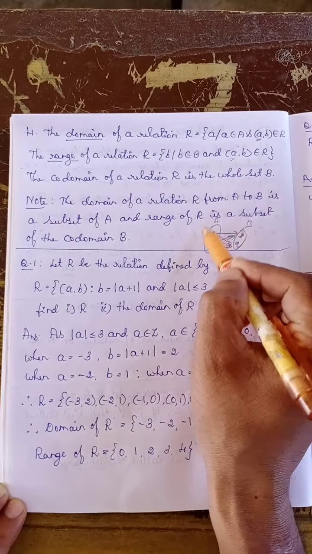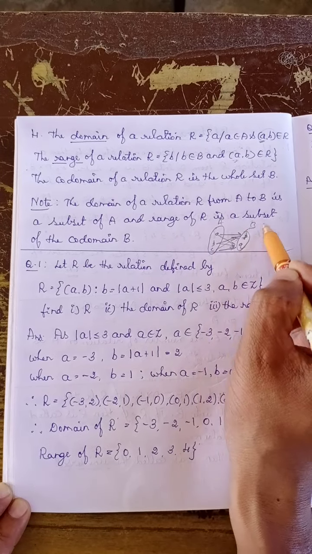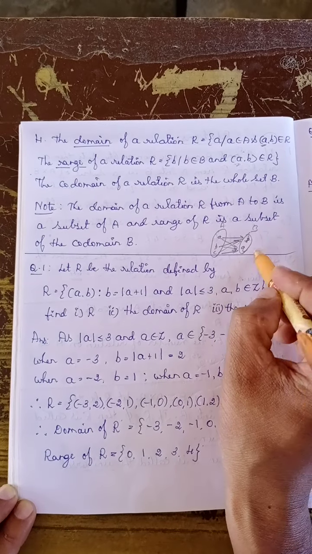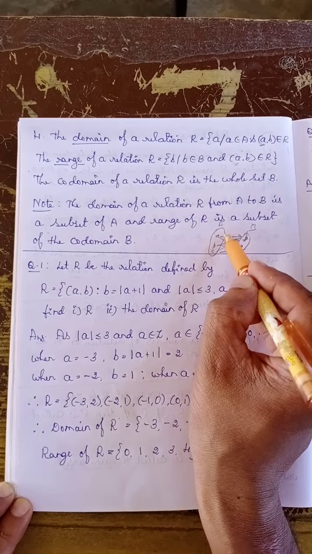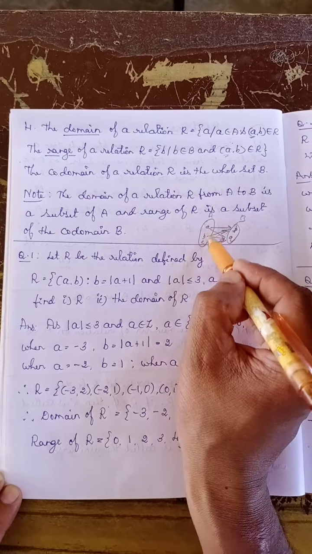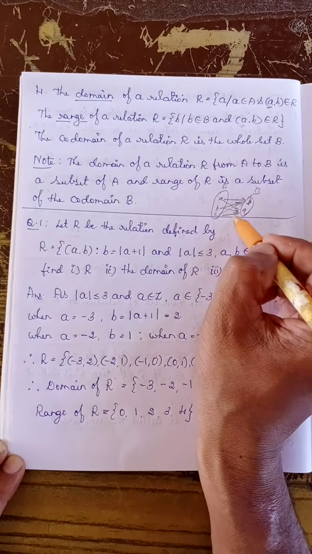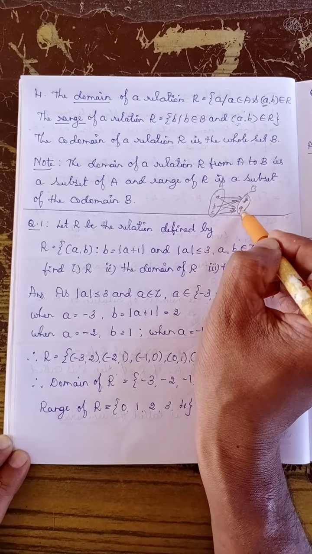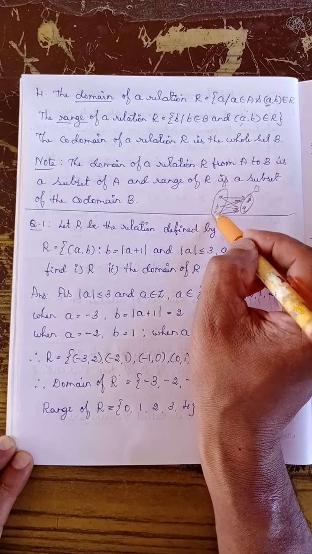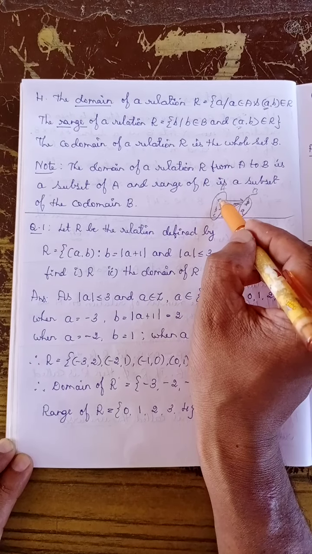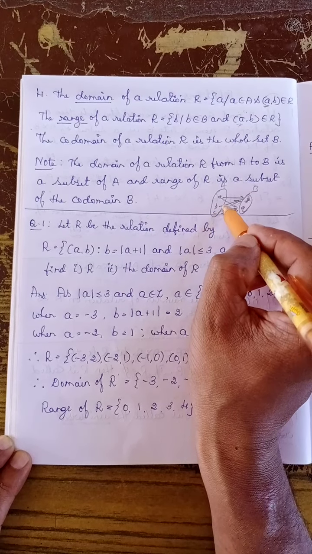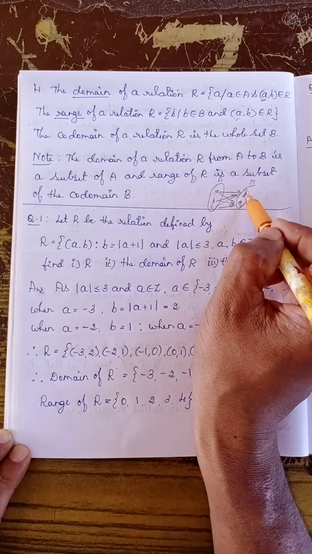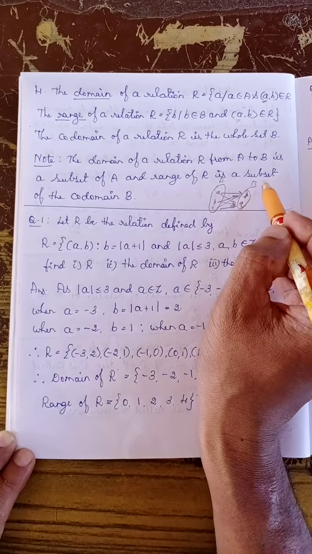Here set A is called the domain and set B is called the codomain. The range is those elements of set B onto which elements are mapped. Here p and q are the range of the elements a, b, c, and a, b, c are called the pre-images of the elements p and q of set B.